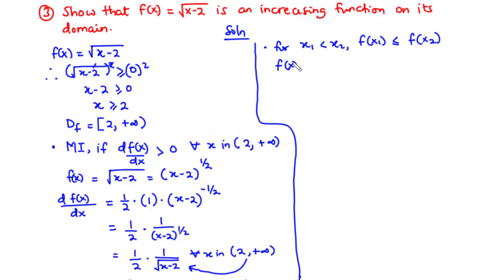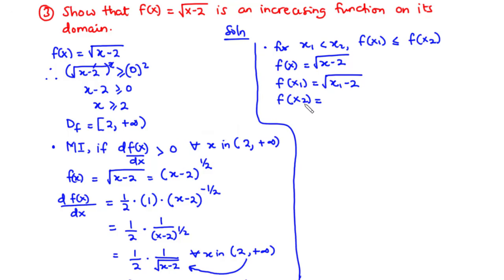So we have f of x equal to the square root of x minus 2. Therefore, f of x1 means that in place of x, we are going to have x1. So that is square root of x1 minus 2, and then f of x2 also means that in place of x we are going to have x2.